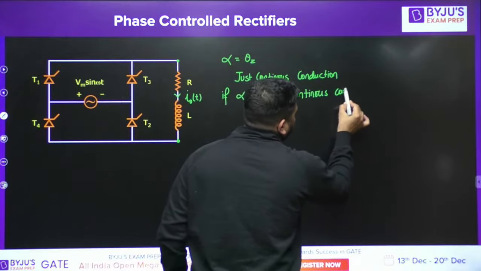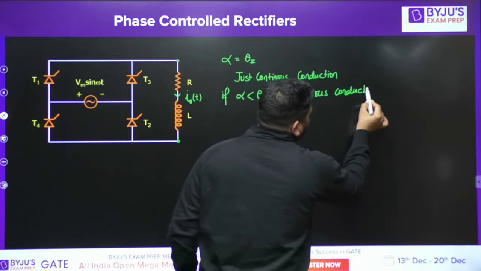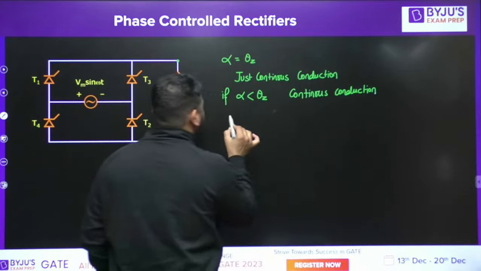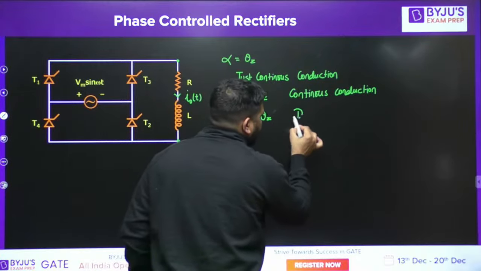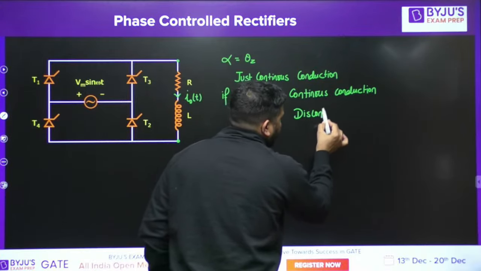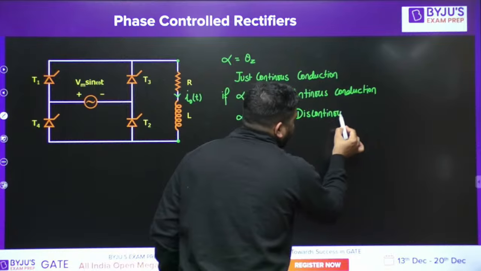Continuous conduction. And if alpha is greater than theta z, conduction will be discontinuous. Discontinuous. You just remember this point.